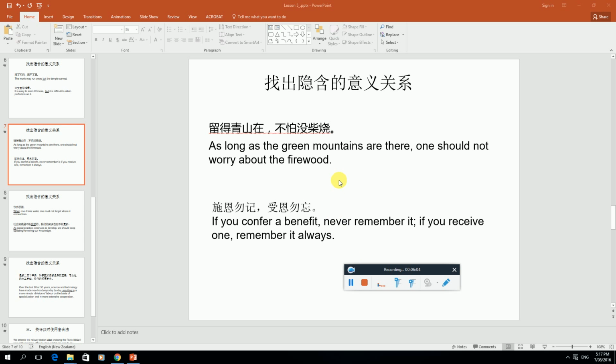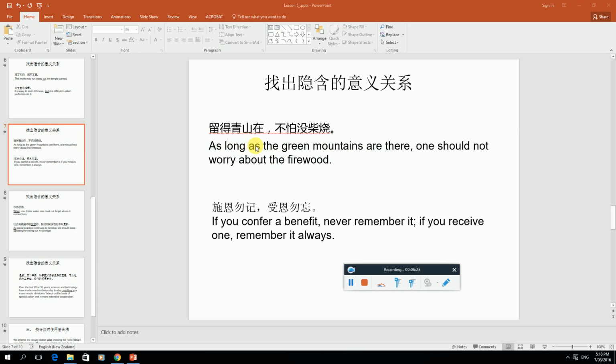Let's have a look at these two pairs of sentences. 留得青山在，不怕没柴烧. This is a Chinese saying. The English translation is, as long as the green mountains are there, one should not worry about the firewood.